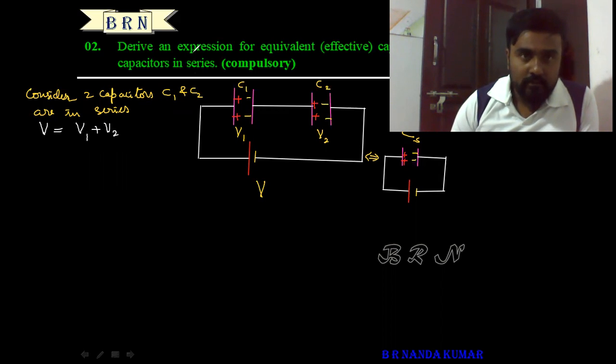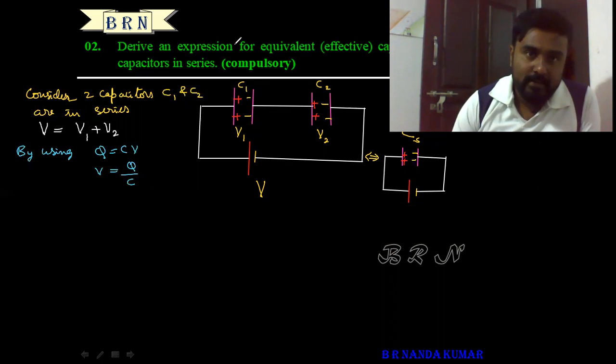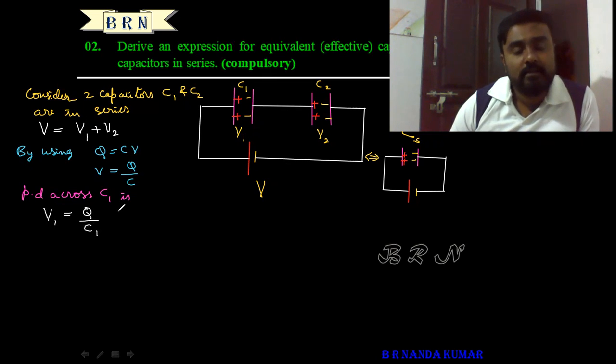Now by using the formula Q is equal to CV, V is equal to Q by C. So the potential difference across C1, that is V1, is equal to Q by C1.